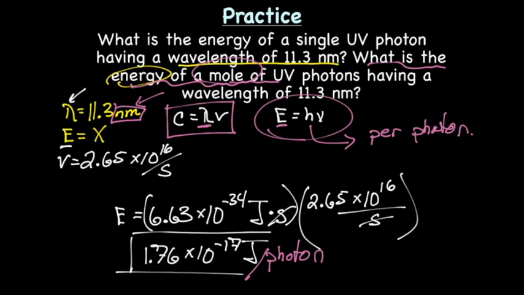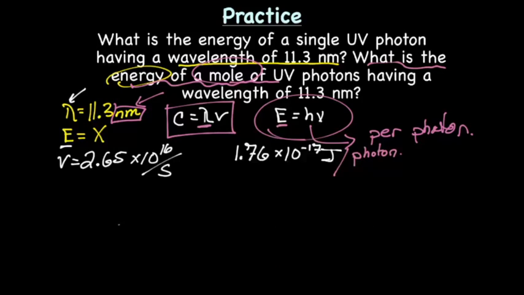All right, let me erase some stuff and give us a little bit more room. So what we need to do now is go from joules per photon to joules per mole. It's just a basic mole conversion.